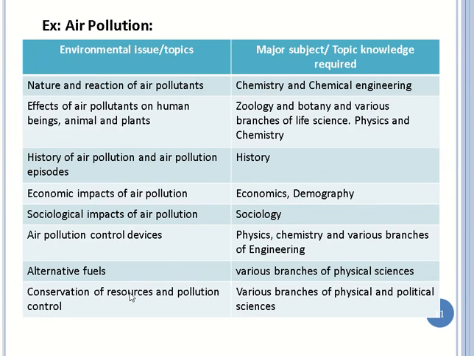Then conservation of resources and pollution control. Here also you require the knowledge of physical and political science. So with this you can see, to study one environmental issue, that is air pollution, you require knowledge inputs from various branches. Okay, so that is the reason why the name is multidisciplinary nature of environmental studies.